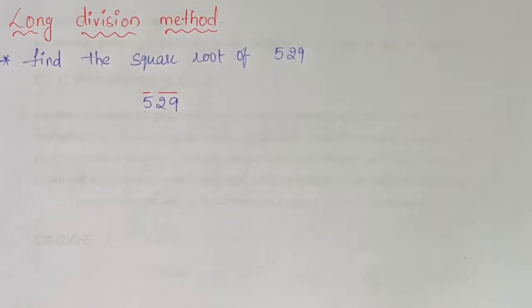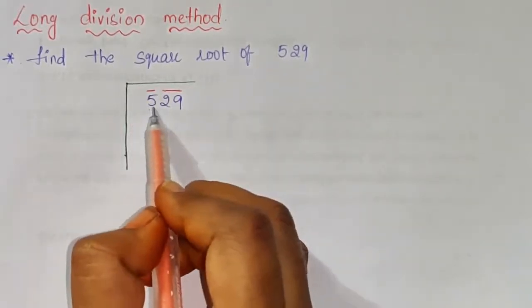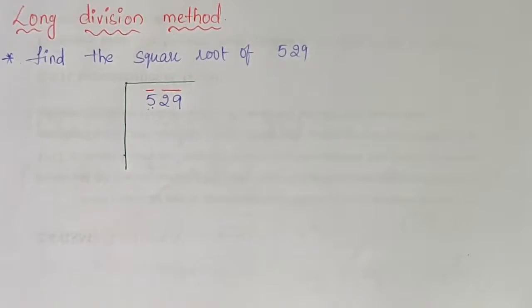In the next step, start division from the leftmost side, like in normal division. Here we should check which number has a square less than 5. Only squares we should check.